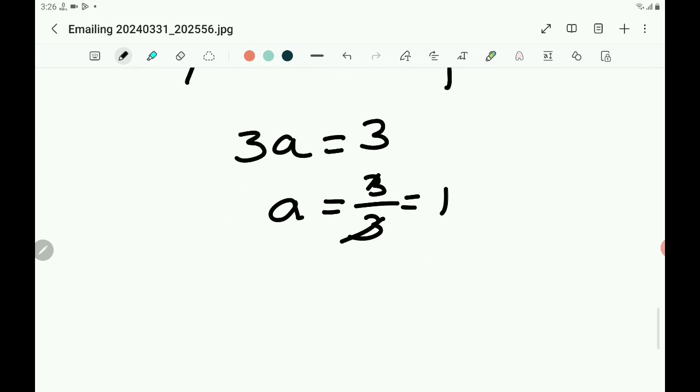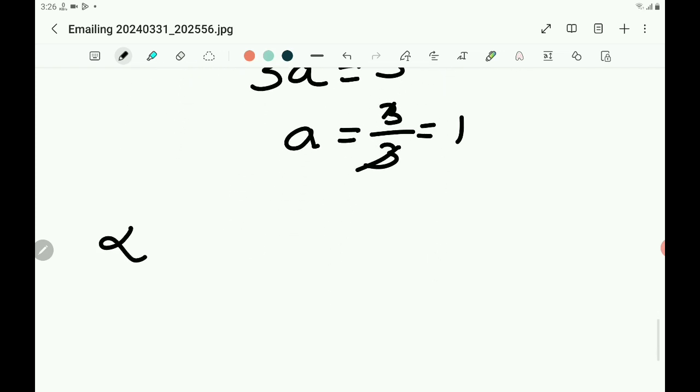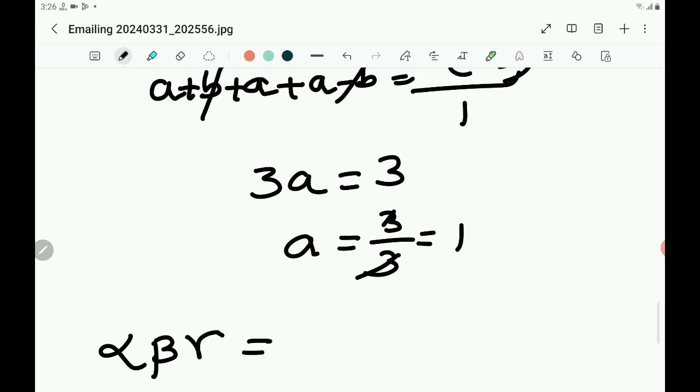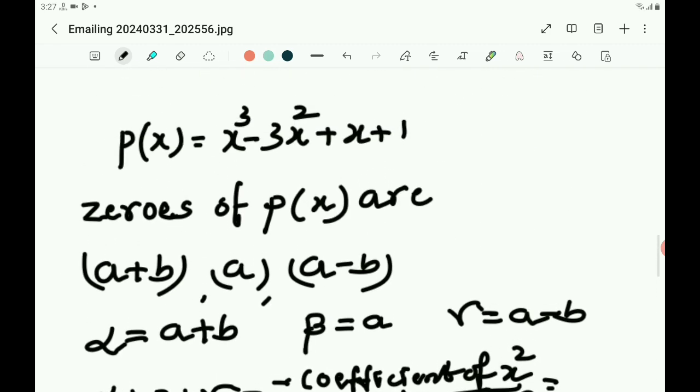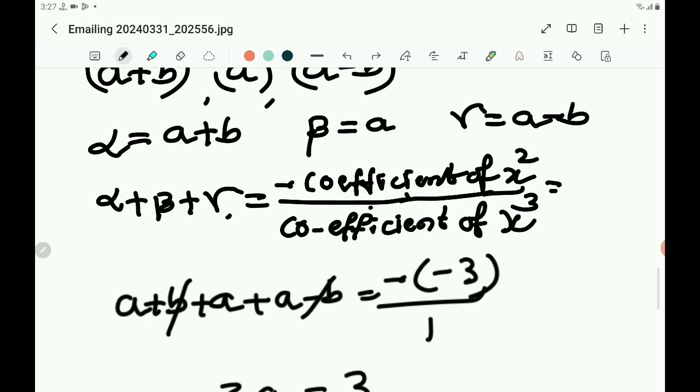Now let us take the product of the roots, that is alpha into beta into gamma, which equals constant by the coefficient of x cube, highest power. That is minus d by a, because you know that the sums are minus b by a, c by a and minus d by a, for alpha, beta, gamma, the product of the three roots.